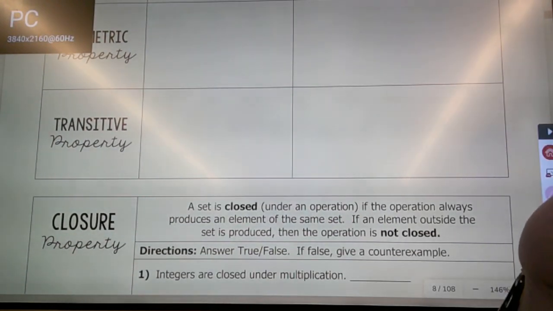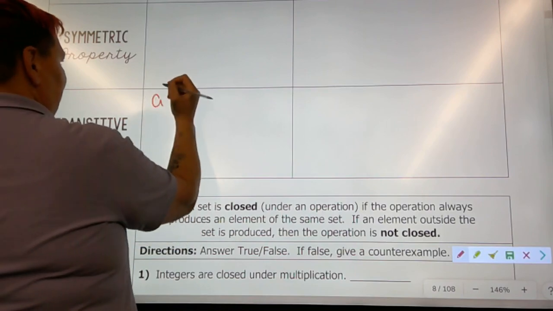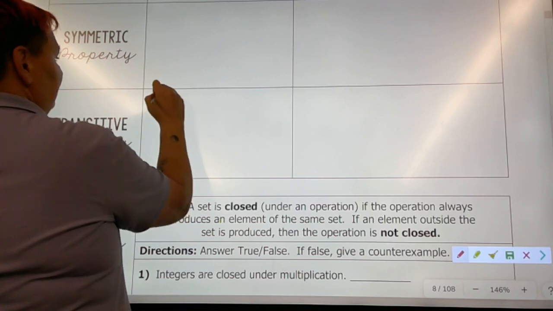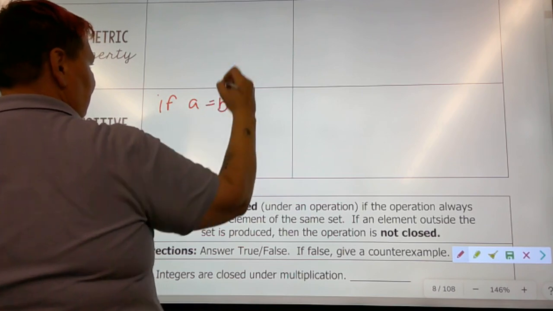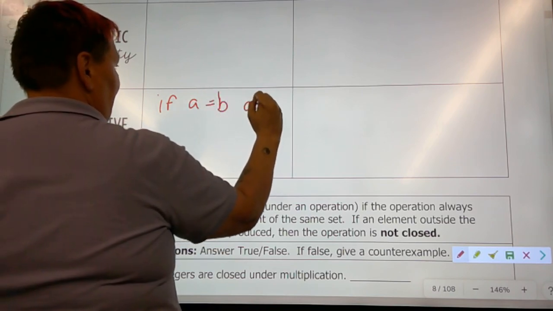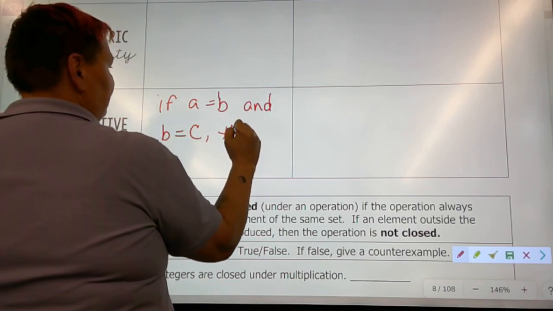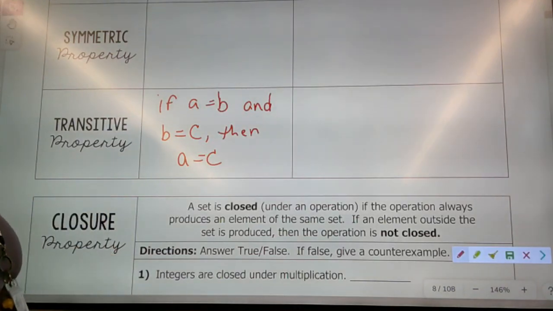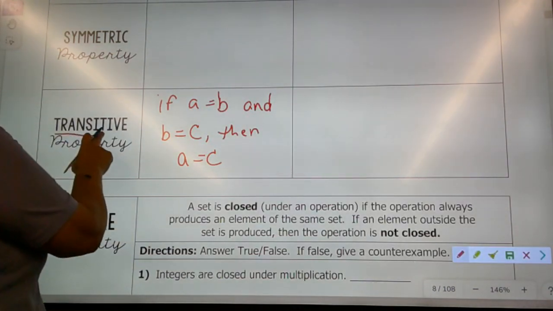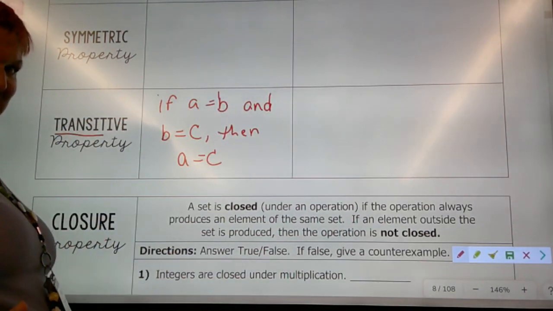All right, and then the next one, transitive property, is intense. Brace yourself. Transitive property says if A equals B and B equals C, then A equals C. Think about the word transit. It means to travel, like a bus.